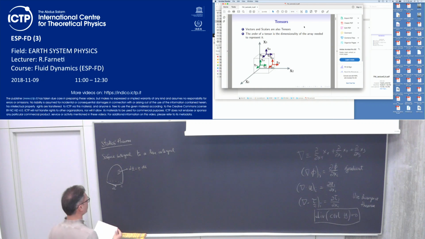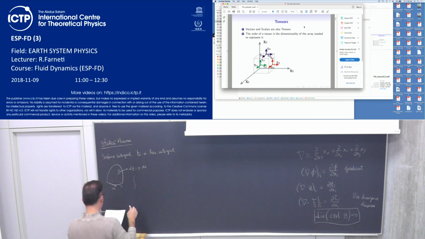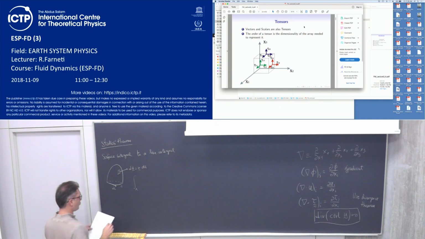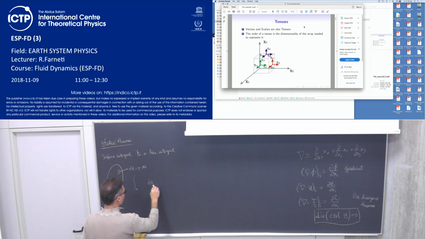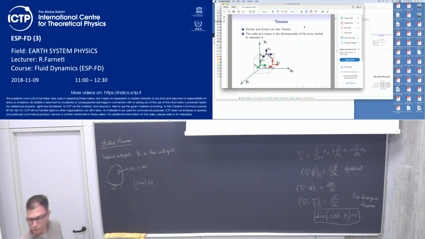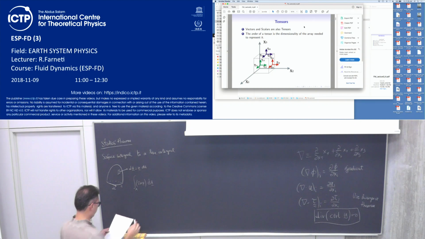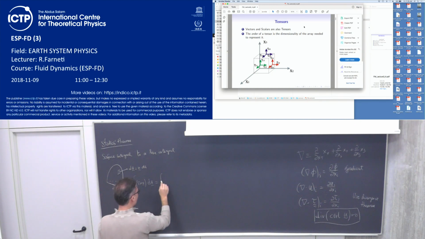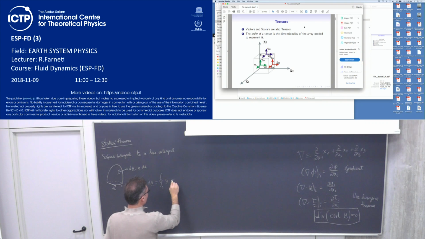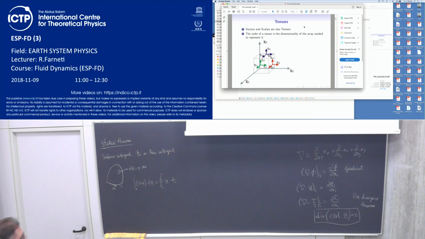So what does the Stokes theorem say? Stokes theorem says that the surface integral of the divergence, sorry, the curl of the vector field is equal to the line integral around the curve that is bounding the surface. Okay?